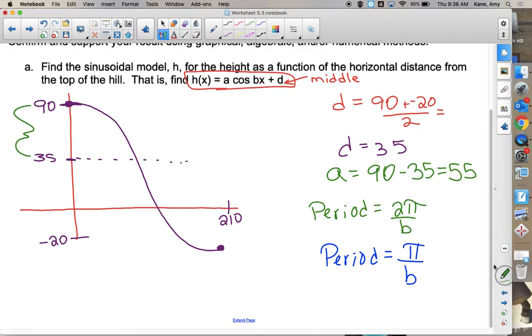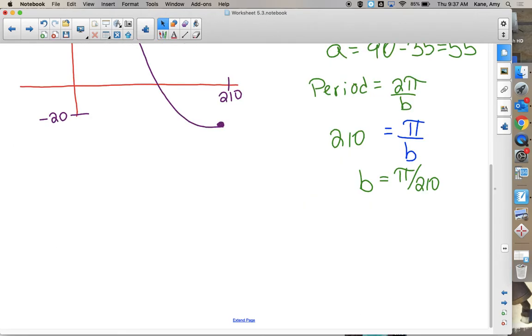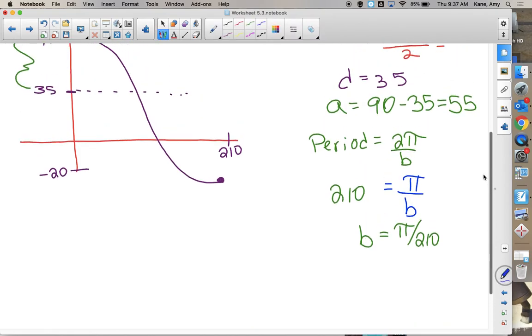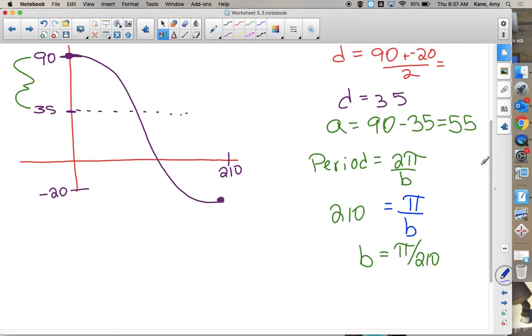How long are we going? What's the distance from where it starts? 210. So we're going to take 210. That's our period, set it equal to pi over B. So B would be pi over 210. It's all coming back to you. So you'll need a calculator.